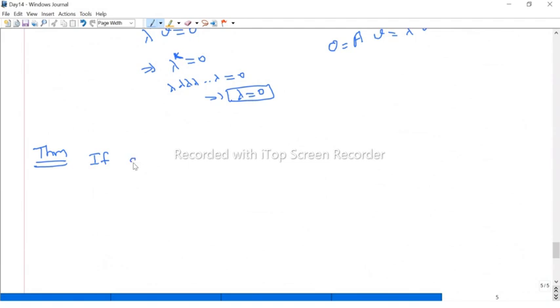If an n by n matrix A has n distinct eigenvalues, not eigenvectors, distinct eigenvalues, then automatically A is diagonalizable.